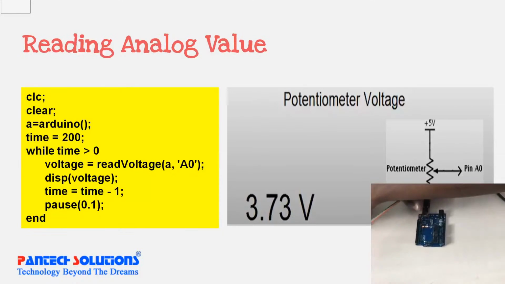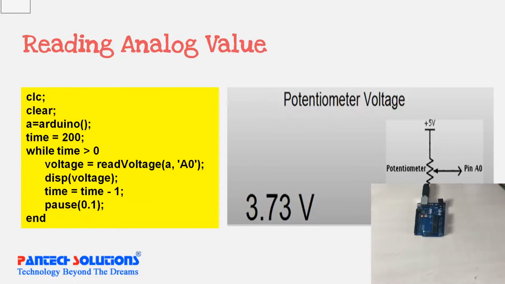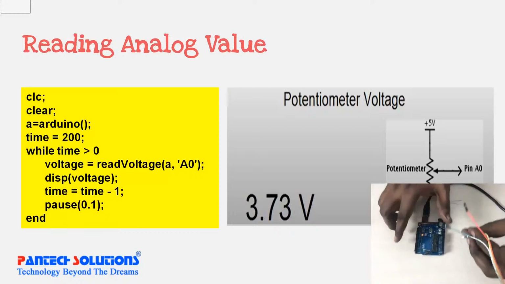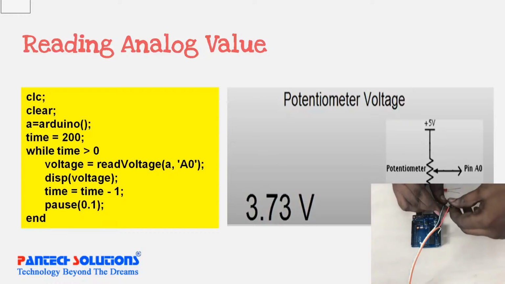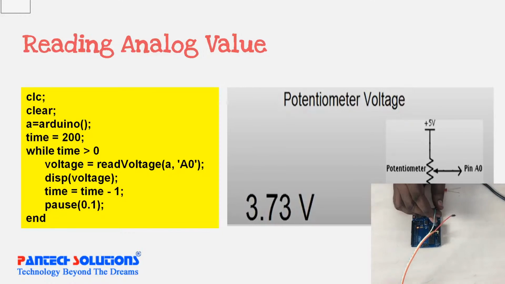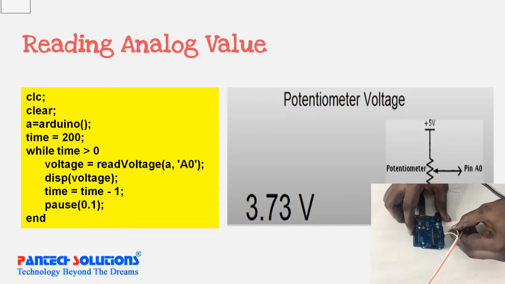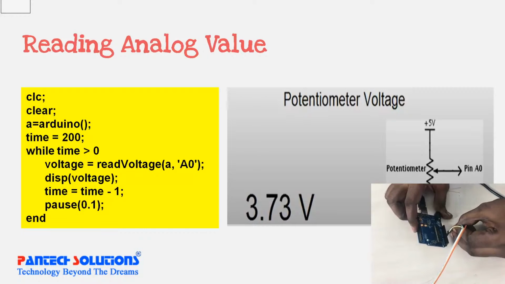So yellow is like the output. So I'm connecting the output to A0. Okay, one is ground and VCC. The other end I have to connect to ground, and the VCC part.